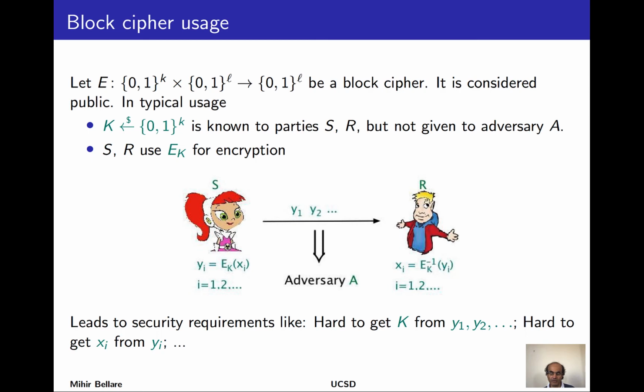And otherwise, the adversary is as empowered as Bob. If it could actually obtain the key from these outputs, well, then it could use the inverse cipher, apply it to the key and the outputs, and get back the inputs, and we would have no security. So the key, as the word indicates, is the key.